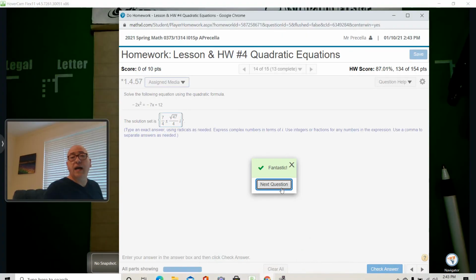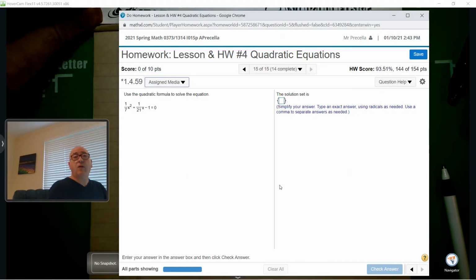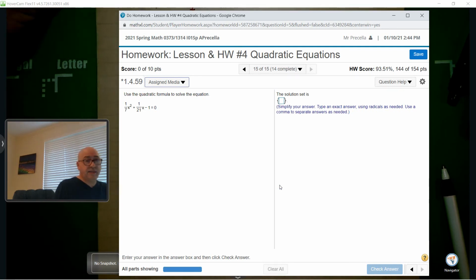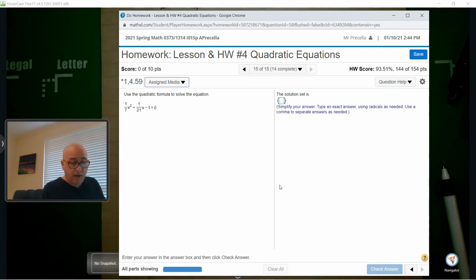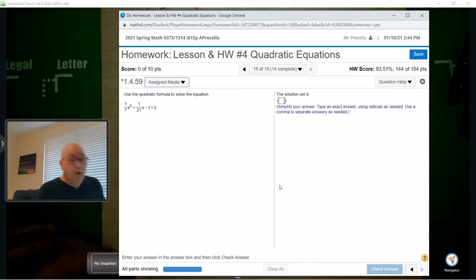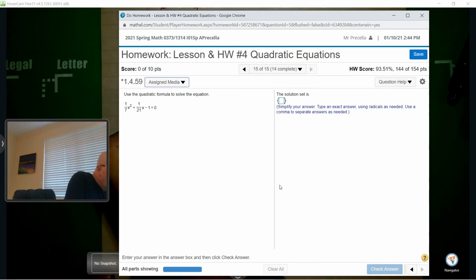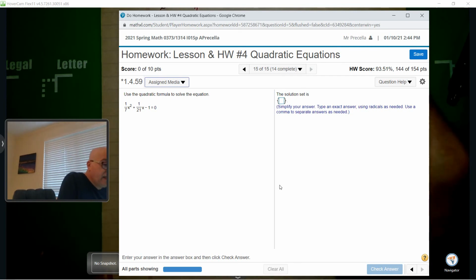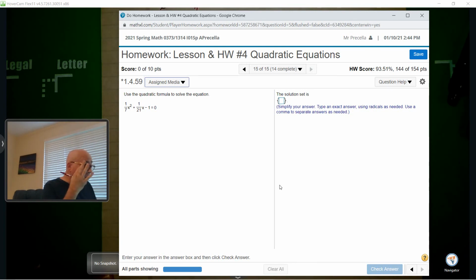Okay, so when I look at the next problem, it might not be immediately obvious why I'm saying that, but let me write this down. It's problem 15: 1/7 x squared plus 1/21 x minus 1 equals 0.